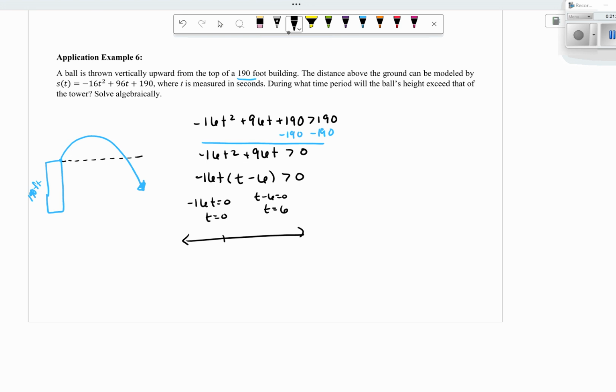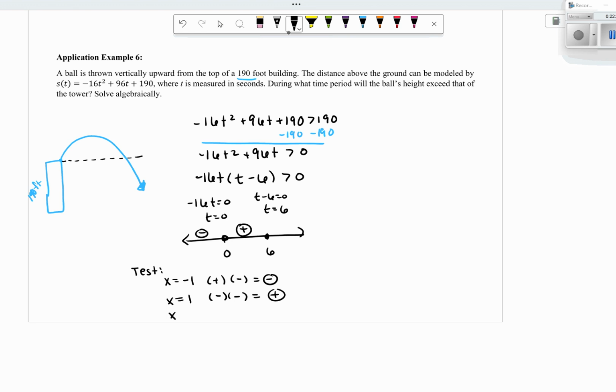So on my number line, I have 0 and 6, and these are closed circles. And I'm going to do my test numbers. So let's test something below 0, being negative 1. If I plug in negative 1, I get negative 16 times negative 1 is a positive number, and then negative 1 minus 6 is a negative number, and that gives me a negative answer here. And then if I do x equals something in between 0 and 6, such as 1, I get negative 16 times 1, which is negative, and 1 minus 6 is negative, so that's going to be positive.